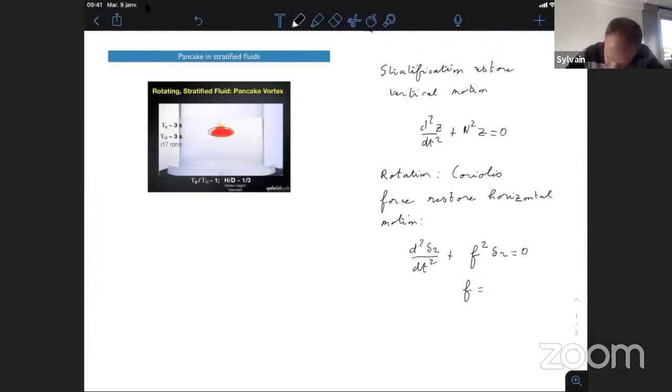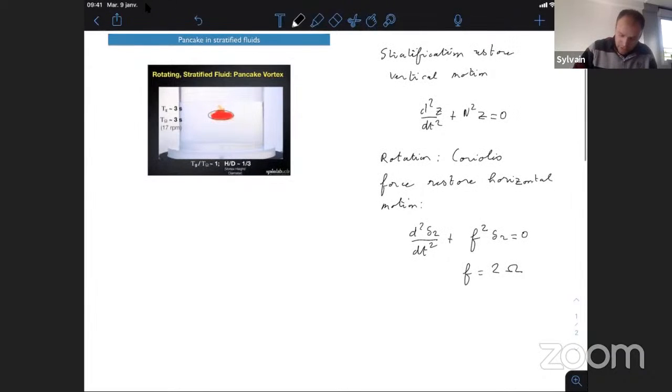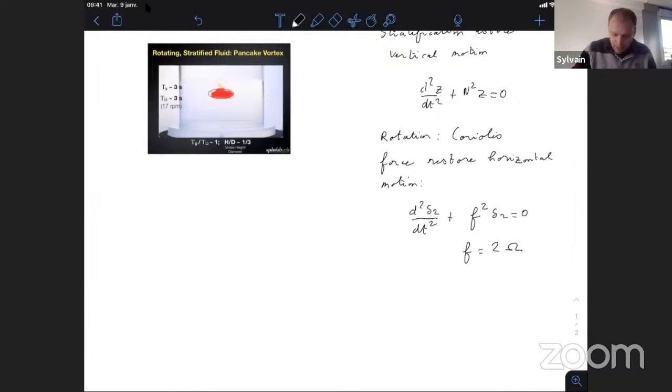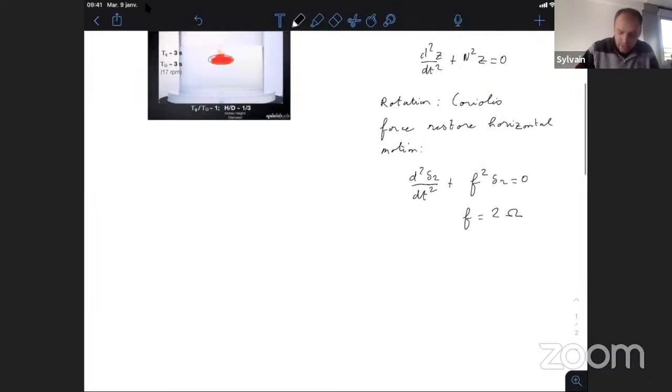F is equal to 2 omega. Omega is the rotation rate of the ambient fluid. So that's what you observe for the pancake, just a result of these two equations. In fact, what you can do is write the pressure anomaly inside the vortex.